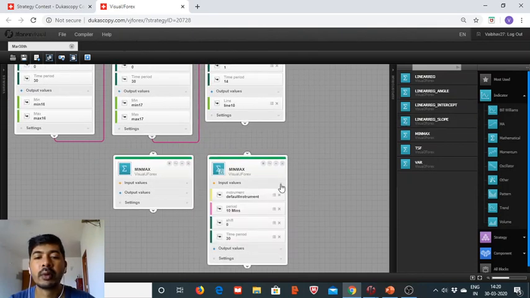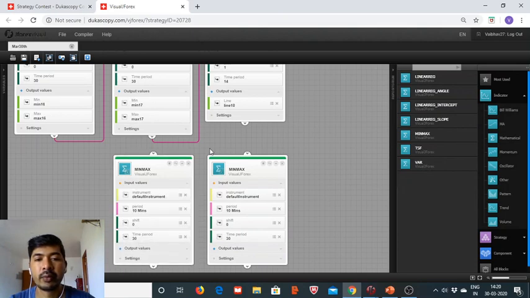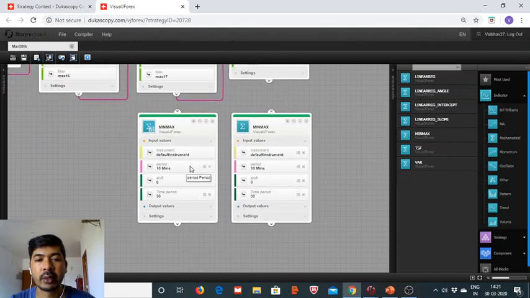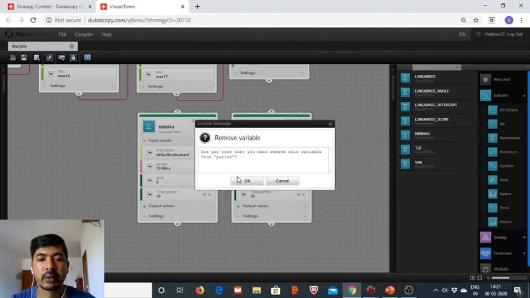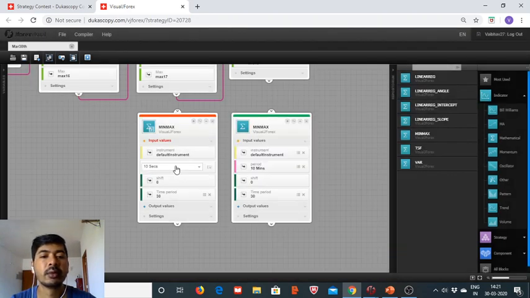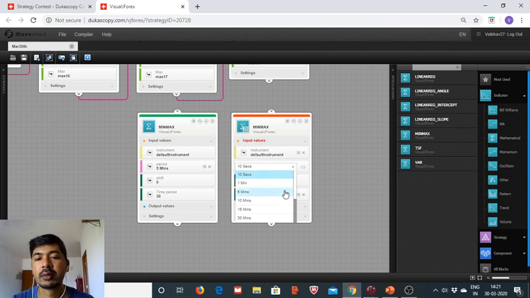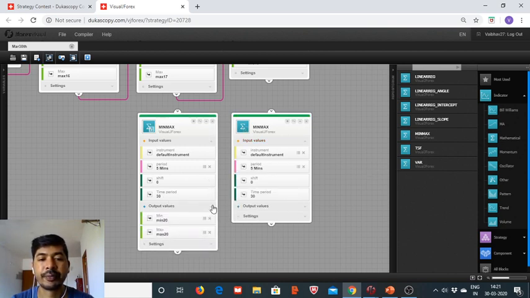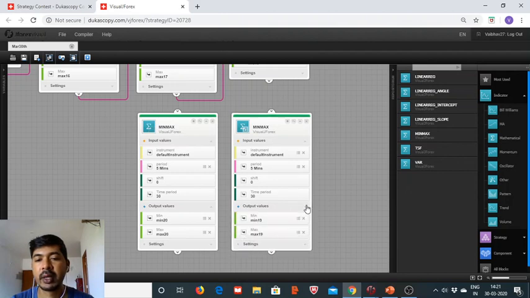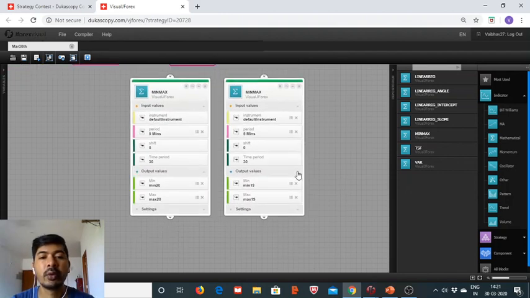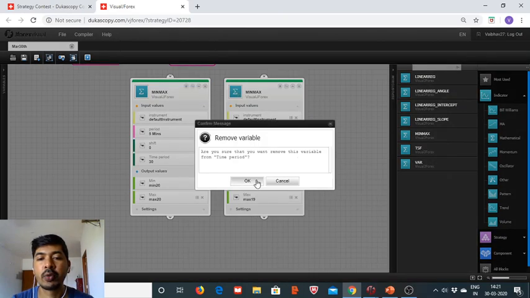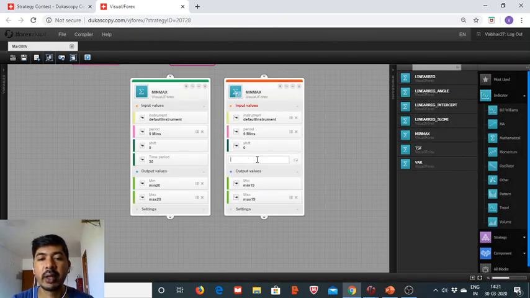So here we make these 5 minutes, this one also 5 minutes, here we keep the shift as 0, and we change this to 12. 1 hour's data.